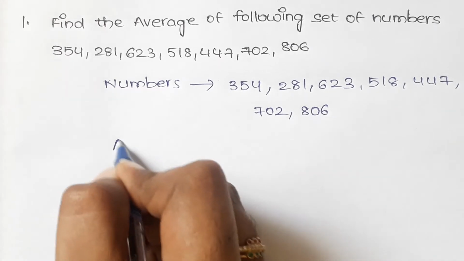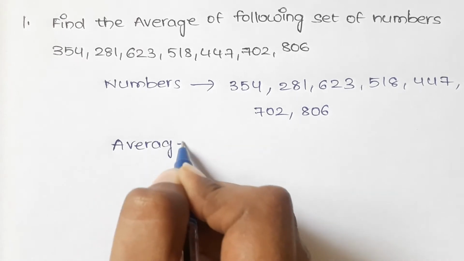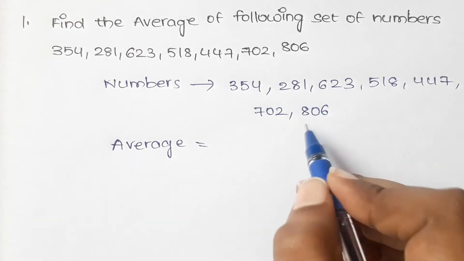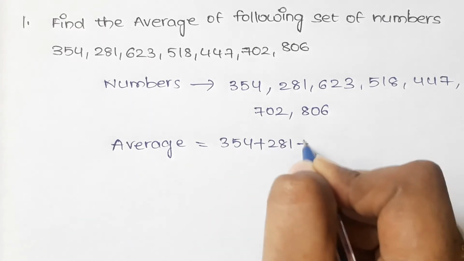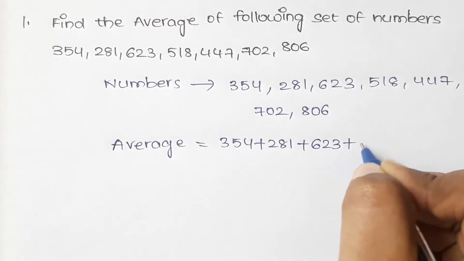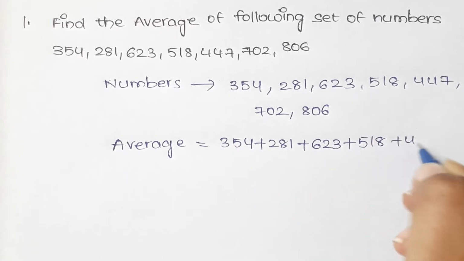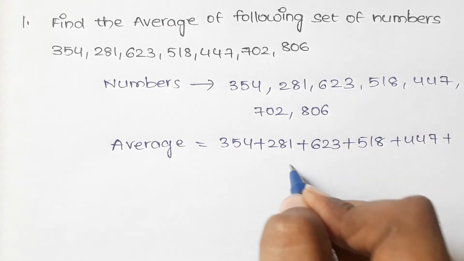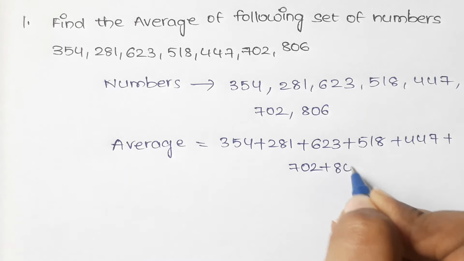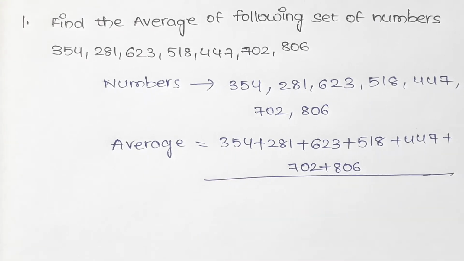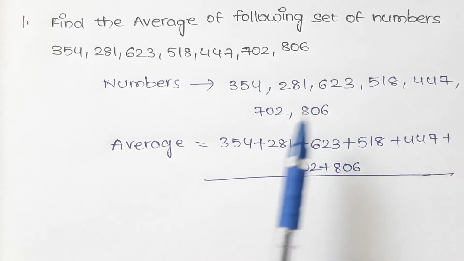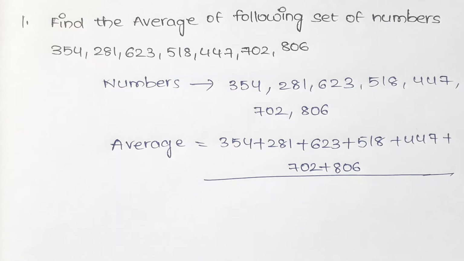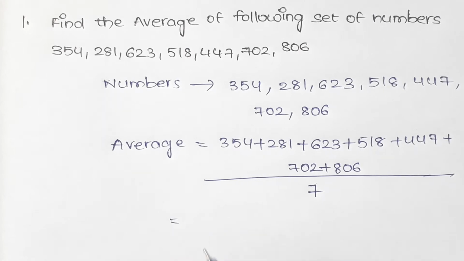And now to find the average, the sum of all the observations, that is 354 plus 281 plus 623 plus 518 plus 447 plus 702 plus 806, divided by total how many observations? 1, 2, 3, 4, 5, 6 and 7. Here we have 7 observations. So this is nothing but average.